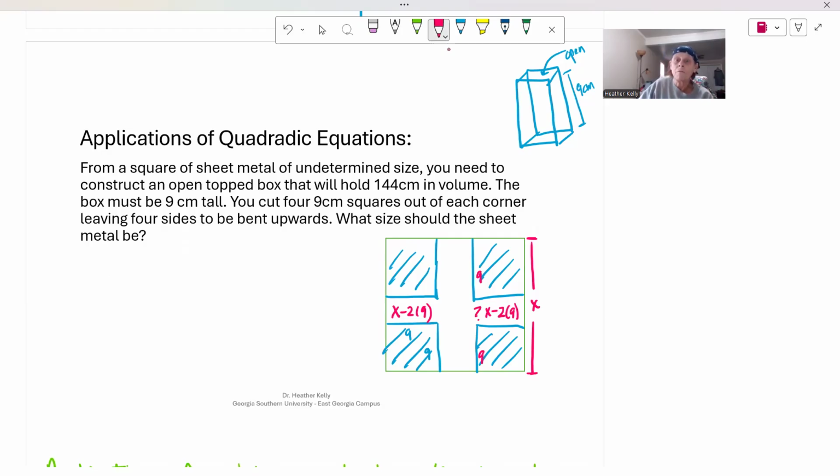So if we're talking about volume, the volume of a box is going to be the length times the width times the height.